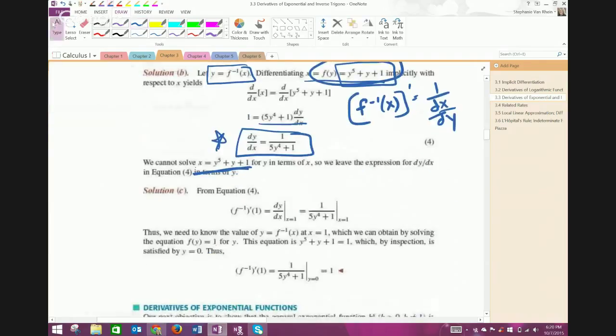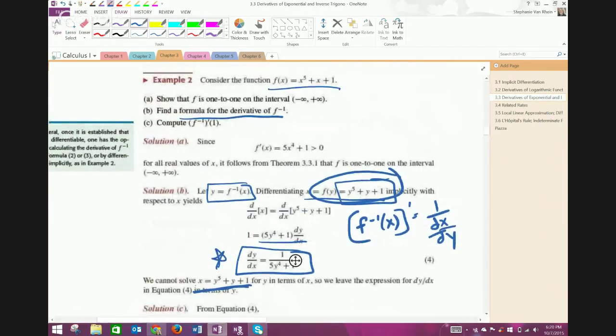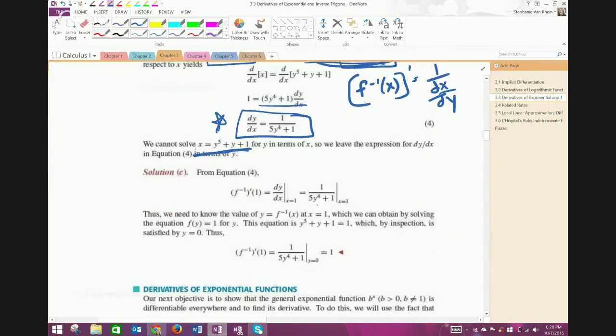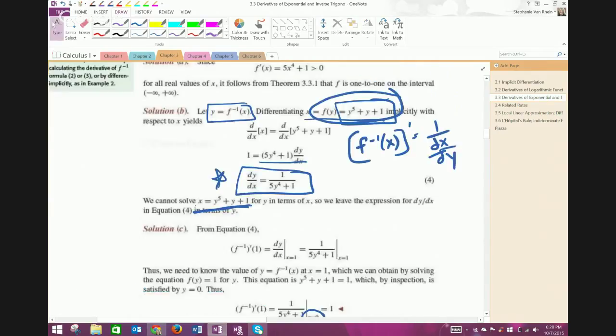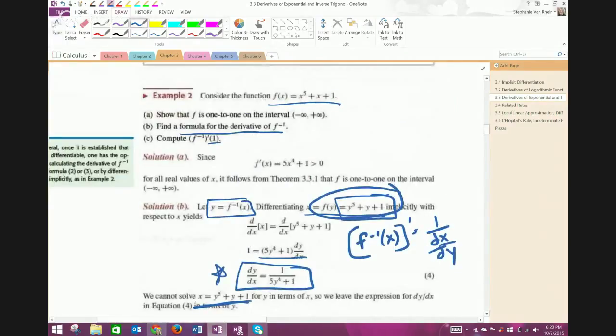You have to be really careful when plugging in a point. If I want to find the value of the derivative of the inverse at 1, I actually have to plug 1 into the original function. That's what they do here. So I'm really evaluating this at y equals 0. If I plug 1 into the original function, I'm solving for what value of x gives me 1.